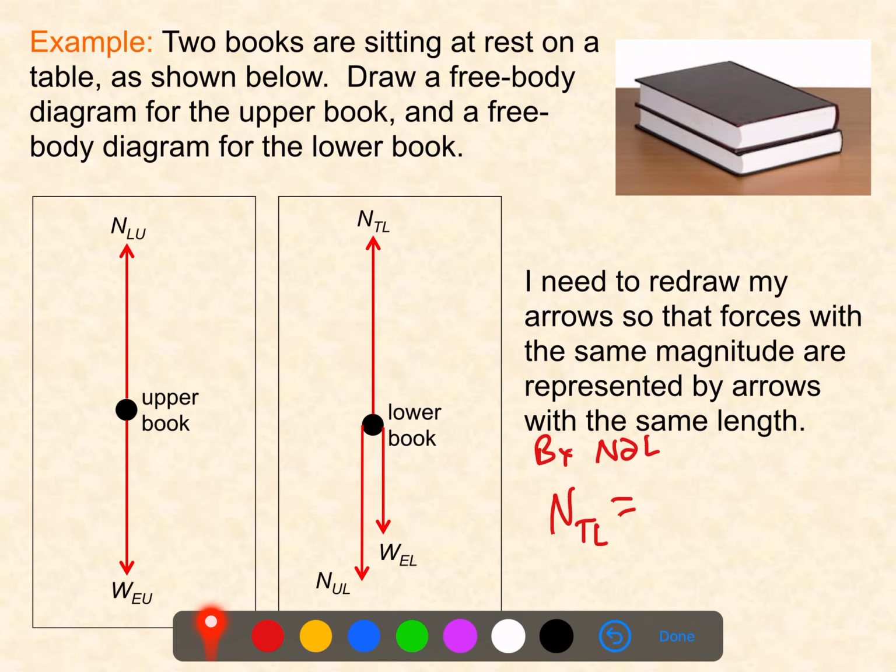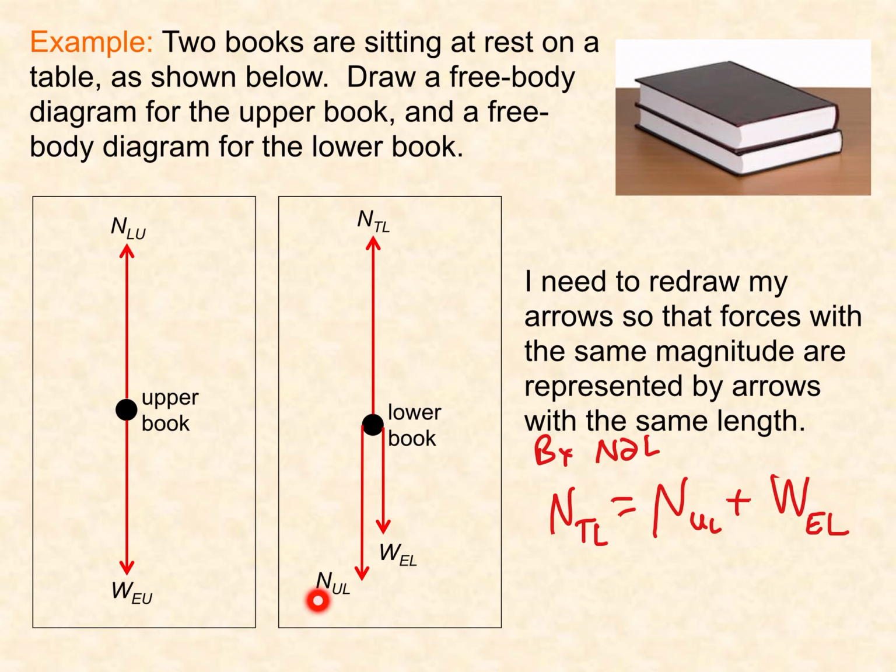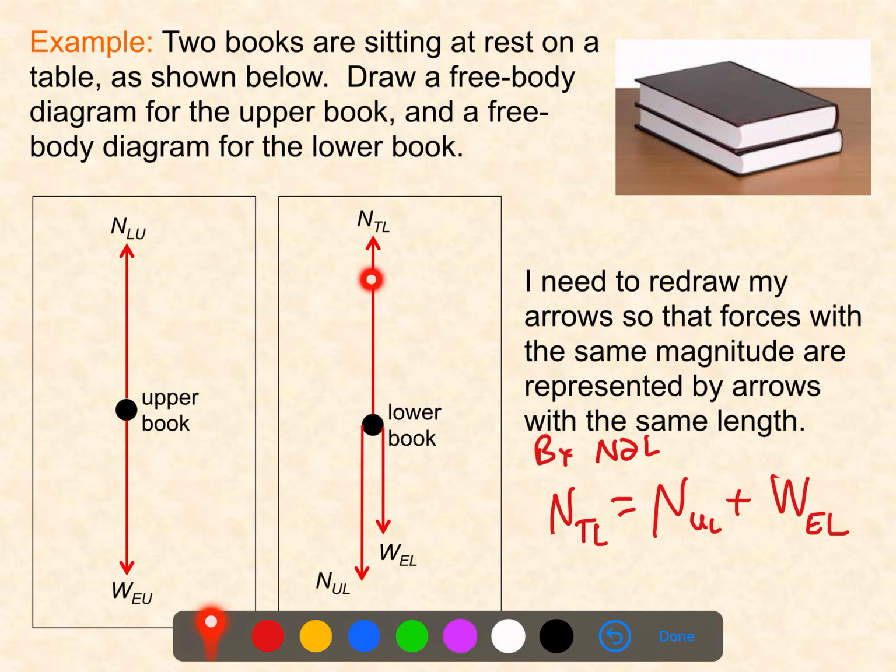Otherwise, I would have some net force, just the same way we did with the very first example where we were looking at the ring and how we could balance the forces there. I want the ups to equal the total in the down direction. Okay, and so if I've increased this vector, now if I want it to balance with this one, I better decrease this one. Otherwise, I'm going to have too much pointing down. Okay, so that's why I made this one shorter.